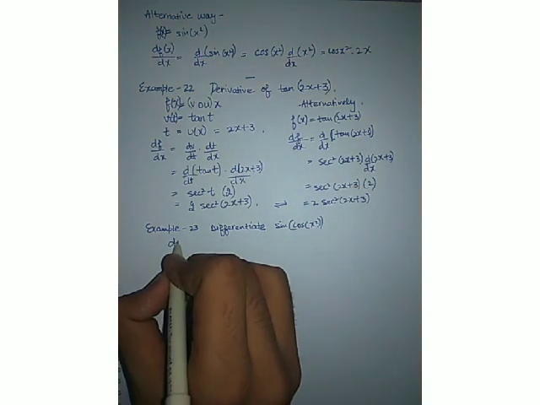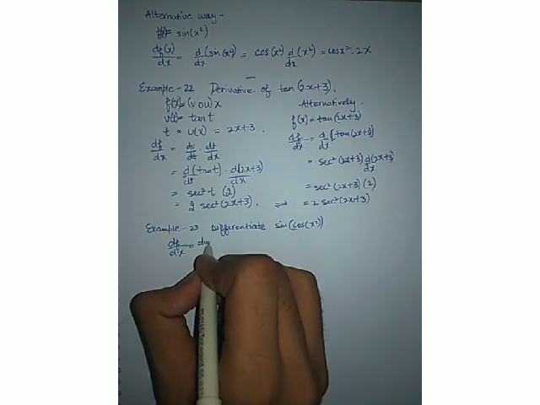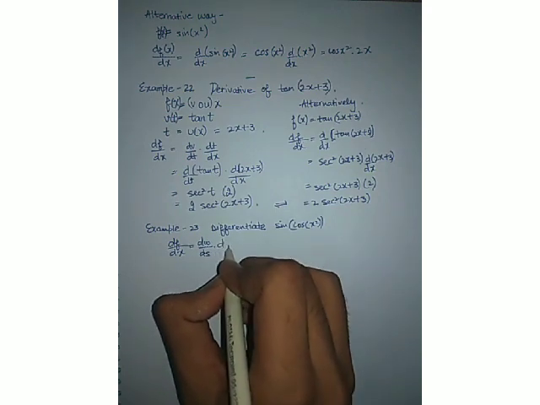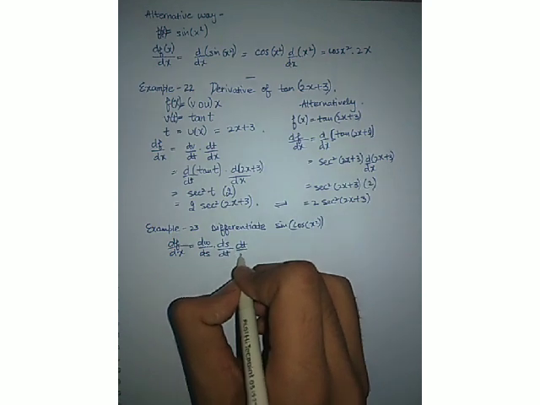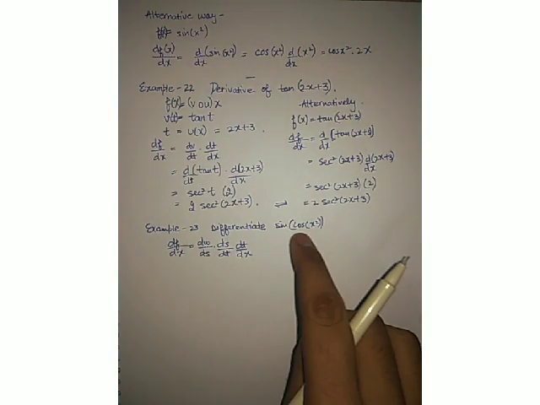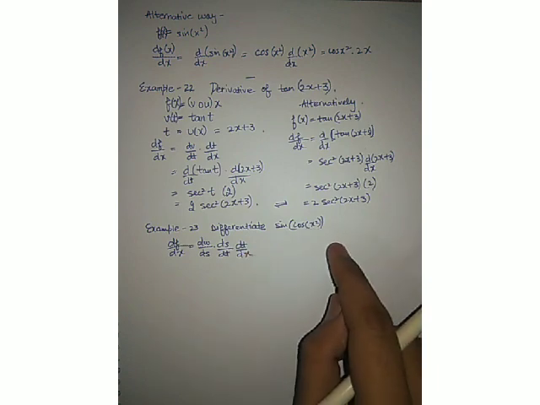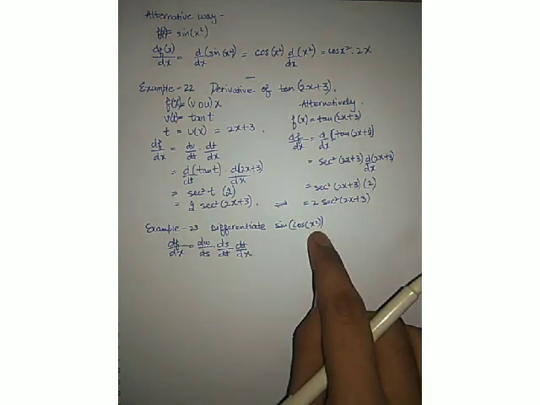If there are three functions, then the chain rule gets generalized as df upon dx will be equal to dw upon ds, ds upon dt, dt upon dx. The first will be your w, the second function will be your s, and the third function will be your t. Clear? So there are three functions: sine, cos, and x square.